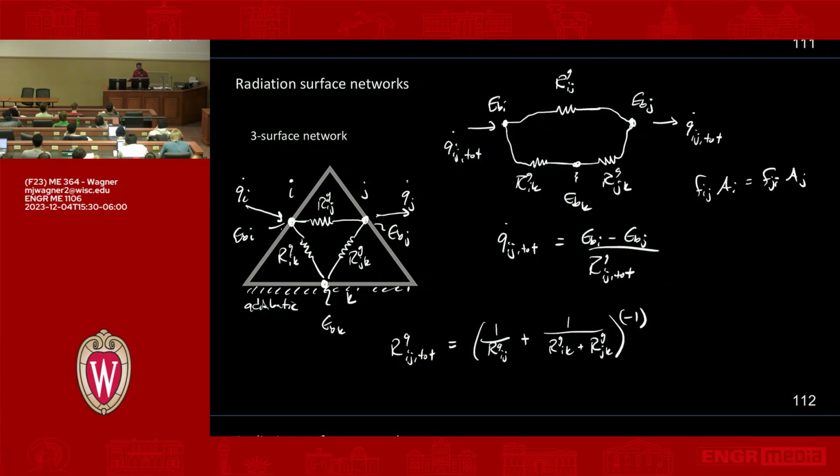Okay, so let's see. We have computed our total resistance. We have our emissive power. Now we have this equation that we can solve that actually computes the total heat transfer from I to J, right? So this is sort of the missing piece. And I get it, this is all a little bit lacking an application.